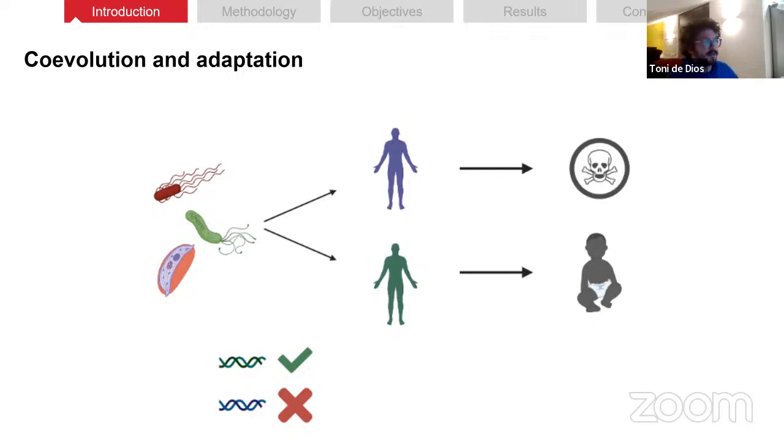So that gene will not be passed to their descendants. While if they are carrying the green allele, these people are more likely to survive and then pass this variant to their offspring. So we can see that there's a clear selective pressure, and certain genetic patterns can emerge from the interaction of humans and pathogens.